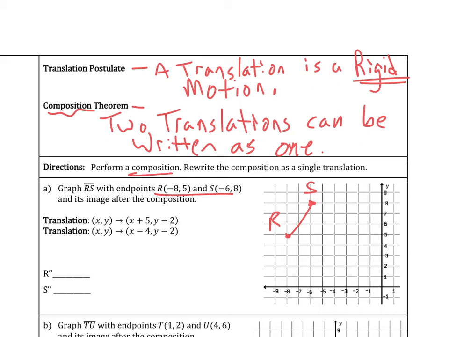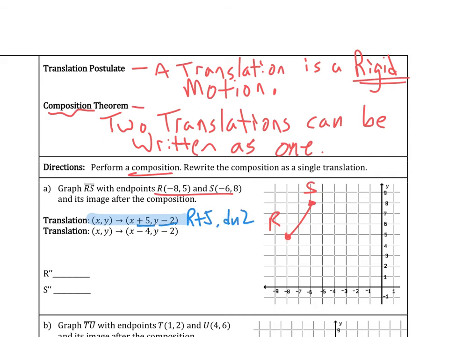There's S. All right? Now, what we're going to do is the first translation, and I'll kind of color code this here. Let's go blue. So our blue will be our first one. Now we're going +5. That means right 5, and then down 2.